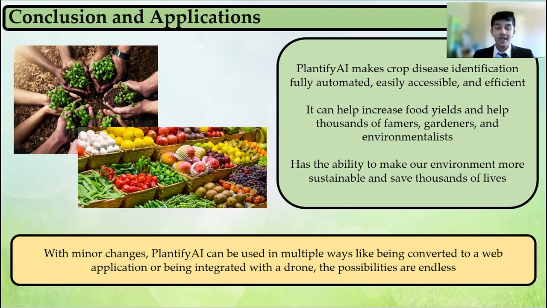With minor changes, PlantifyAI could also be used for multiple purposes. It can be converted into a web application for easy access to concurrent multi-image diagnosis, or it can be integrated with a drone for real-time automated surveillance of farms. The possibilities are endless. Let's remove food insecurity from the world with PlantifyAI.